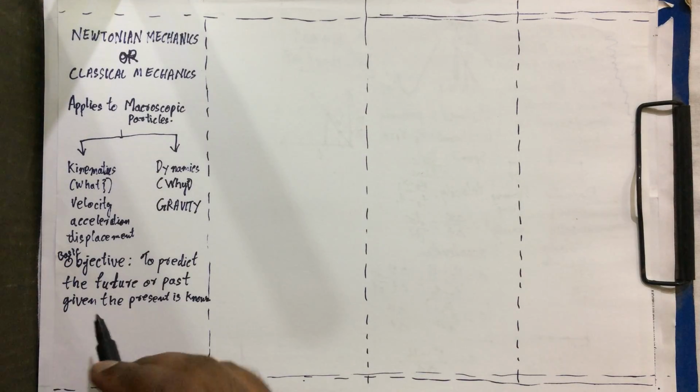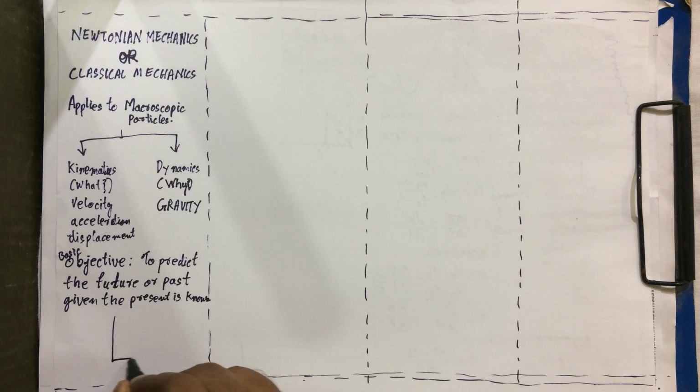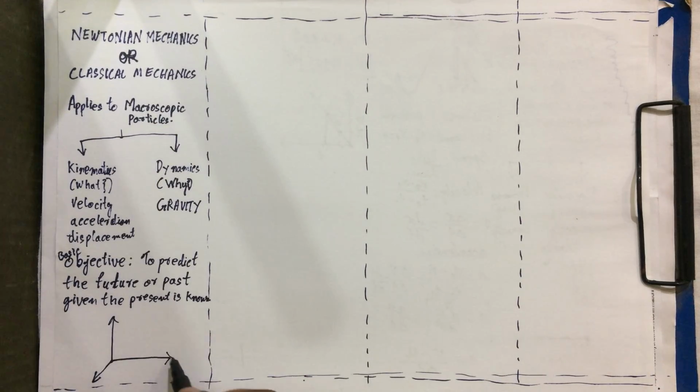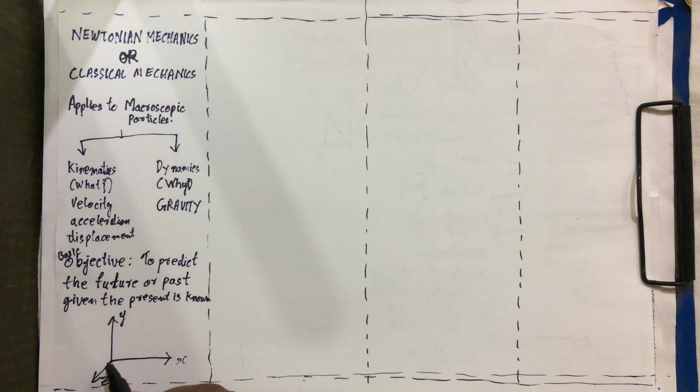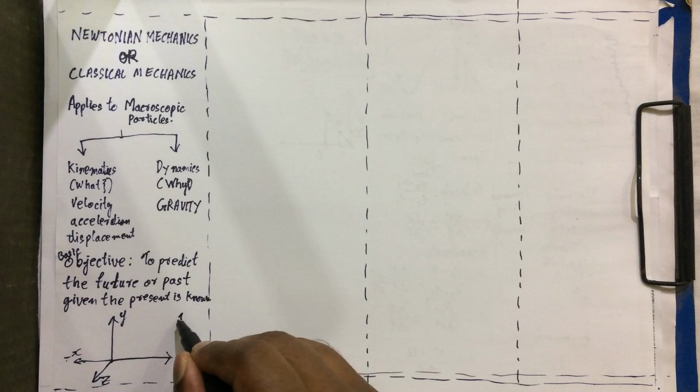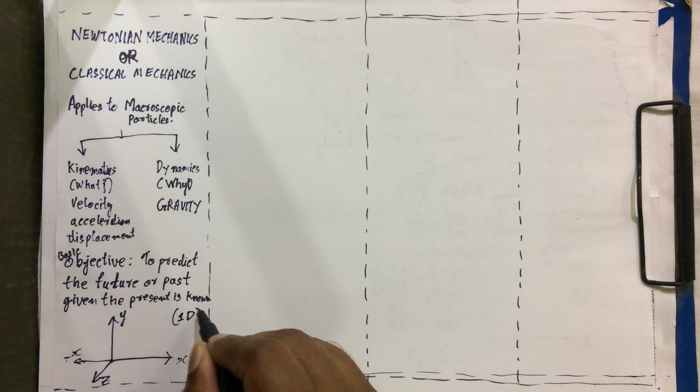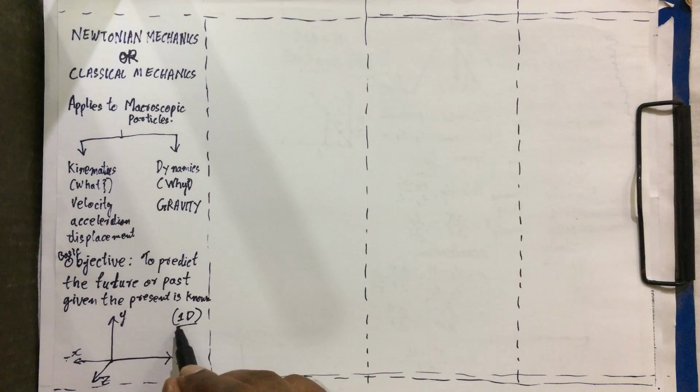So what we will do, we'll consider a frame of reference. This is x, y and z. This is minus x, and to study Newtonian mechanics initially we will use only one dimension.